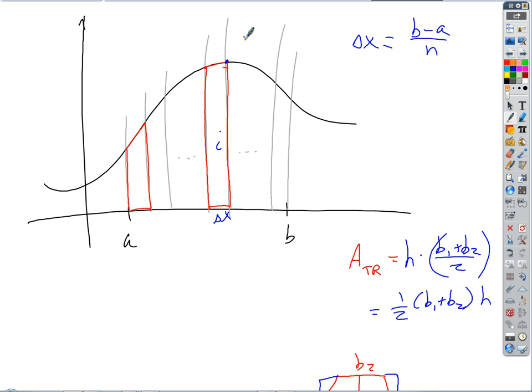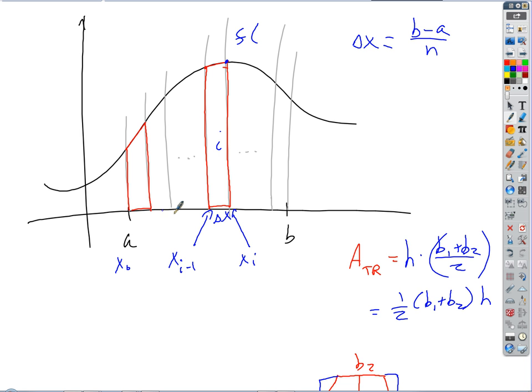So what's that going to be then? f of... Well, okay, so this is delta x, but remember, delta x is the distance between x sub i minus 1 and x sub i, right? Because a is the same thing as the starting point, or x sub 0. So we take one step over delta x and we're at x sub 1.